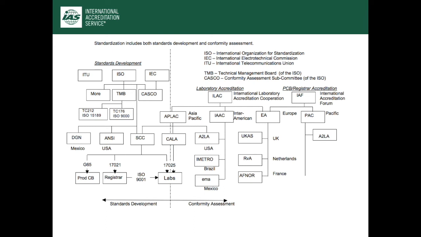These are the organizations on the right side of the slide. For 17065, the overarching international body is the other one, the International Accreditation Forum. It governs how nations will recognize the accreditation of each other's product certification systems.